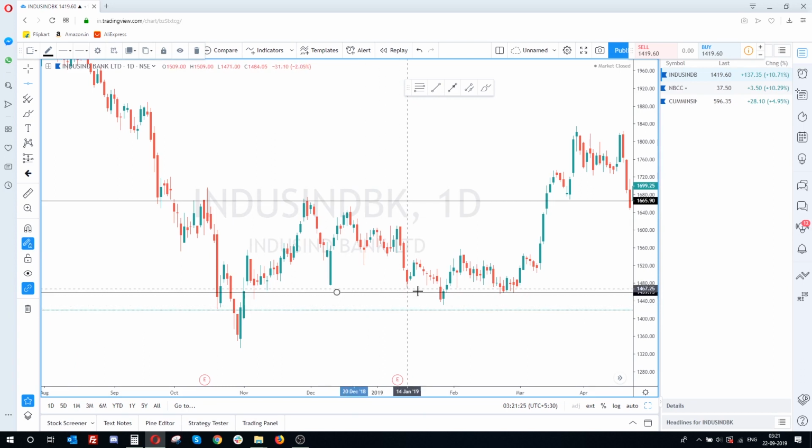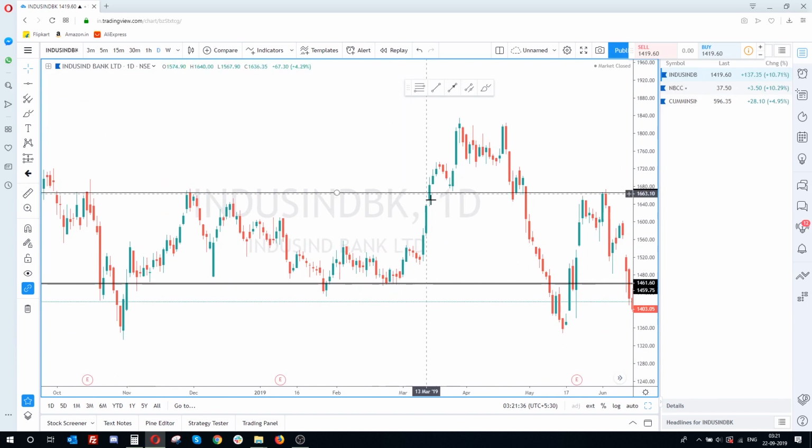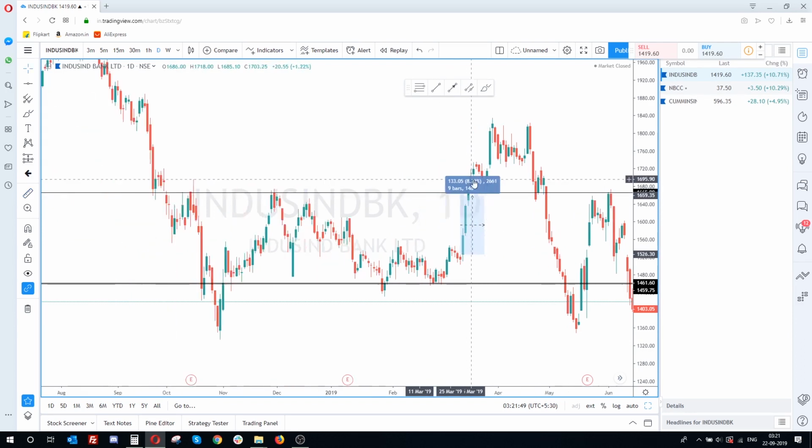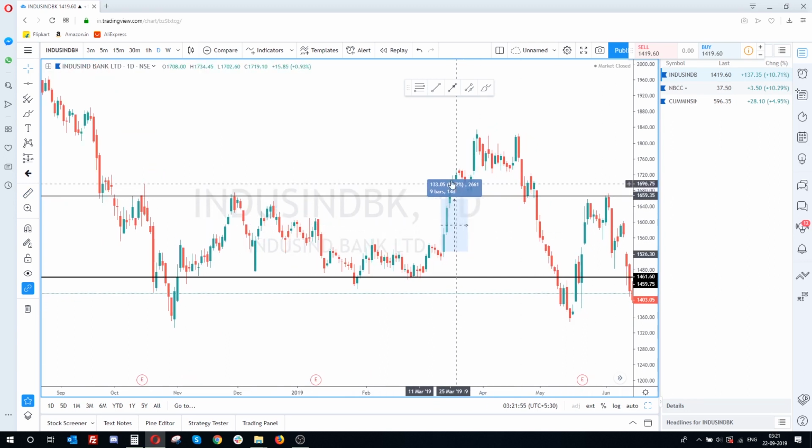This is the major support, right? So I either go short after this, or I go long after this is broken. If you see closely, we made a long here after this candle, and those who use support and resistance as price action are missing 8% of their move, right?